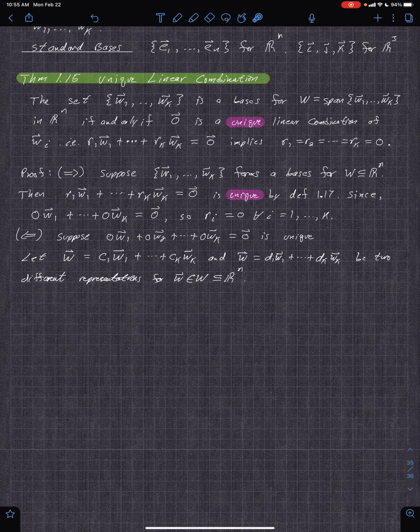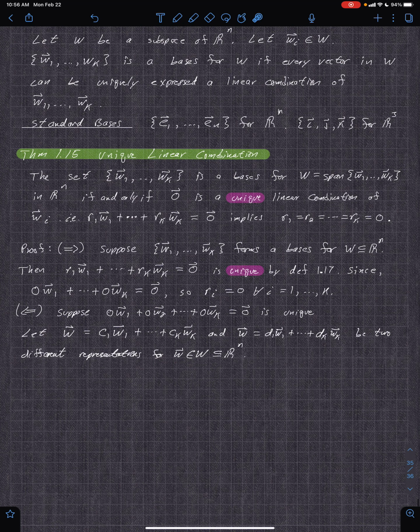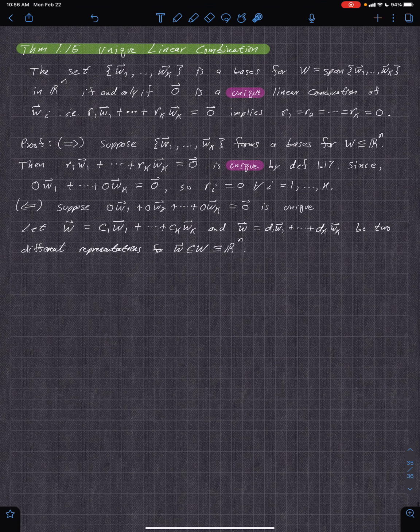Now I'm saying let these two different ones be two representations of w. If we can show that w is unique, because it's arbitrary, then it represents any of these, and it's unique, and therefore it must be a basis. So think about that.